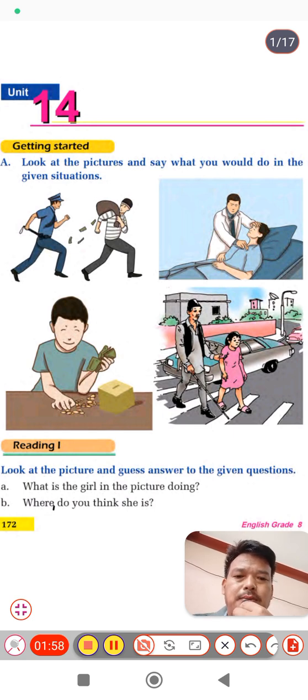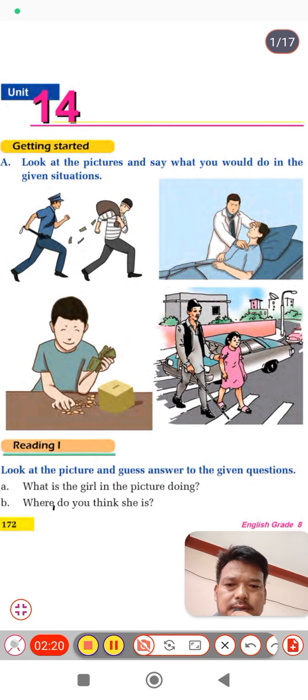And for the last picture, there is an old man holding the hand of a girl, and they are crossing the road. They are at a zebra crossing. So these are the pictures, students, and now we move to the reading first.